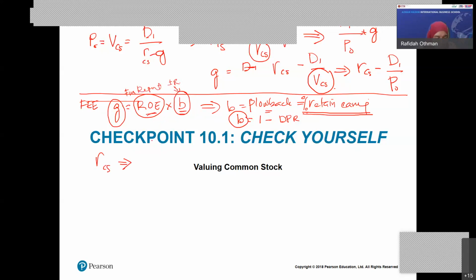We have two methods here. One is by using the mathematics, and the second one is the CAPM formula. The CAPM formula states that the expected return for common stock equals the risk-free rate plus beta for the company or industry, times (RM minus RF).